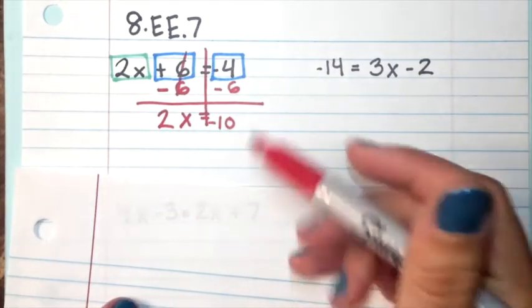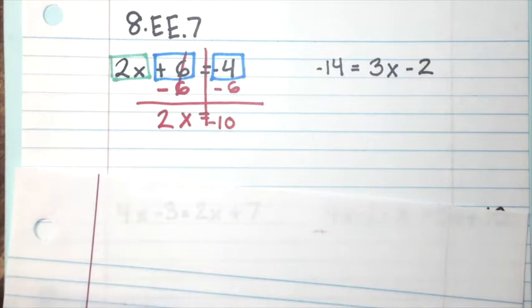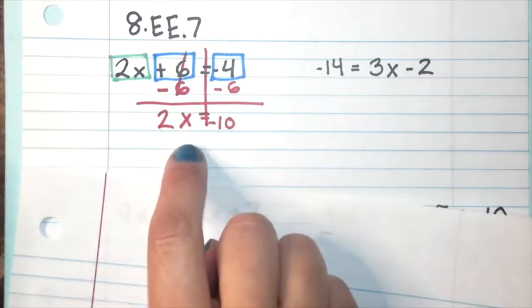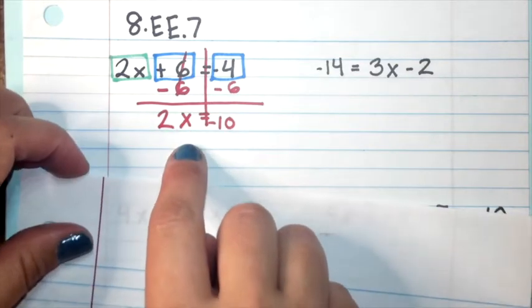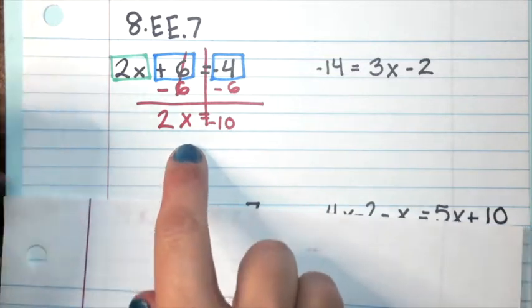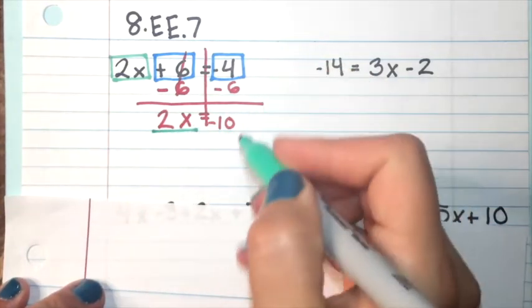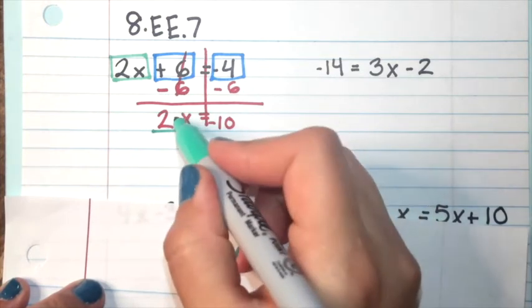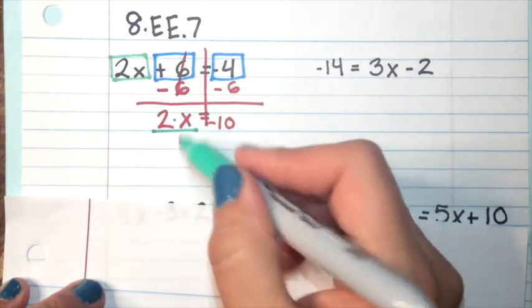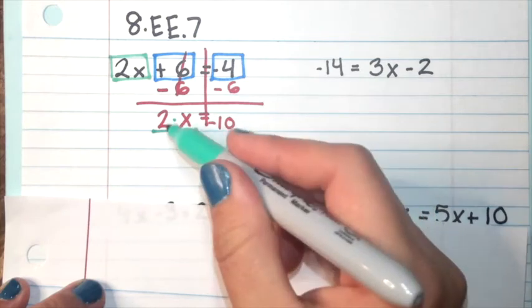Think about this. I need this variable by itself. So we need to solve the equation by dividing. Because it's 2, think of the 2 being times the x, they're right next to each other. They're being multiplied right now. I need to get rid of this 2 though.